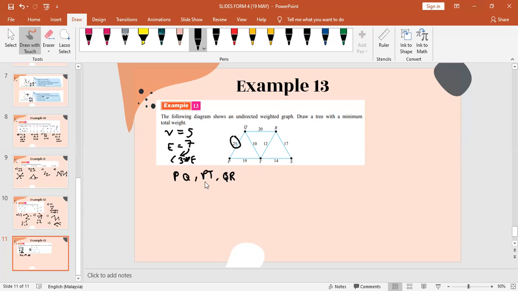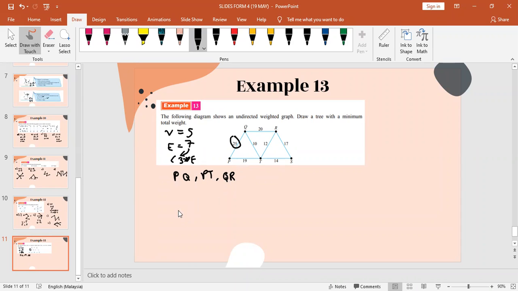Okay. Jadi kita draw lah graph ni without those edges, which is PQ, PT, and QR.